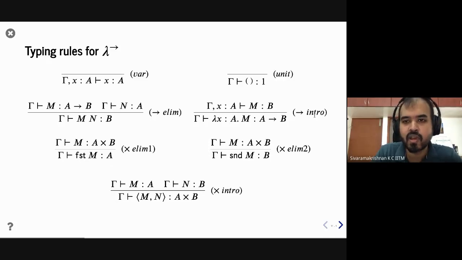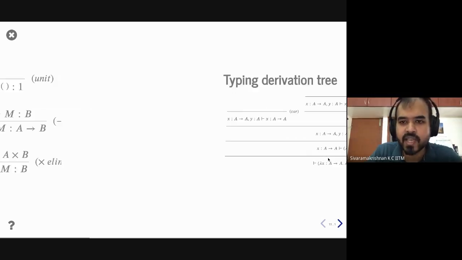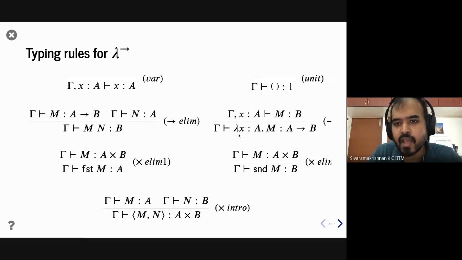So we directly appeal to this arrow introduction rule. What does it say? The rule says that if you want to type check a lambda abstraction such that it has type A arrow B, assume that the binder has type A in the assumption and show that the body M has type B.